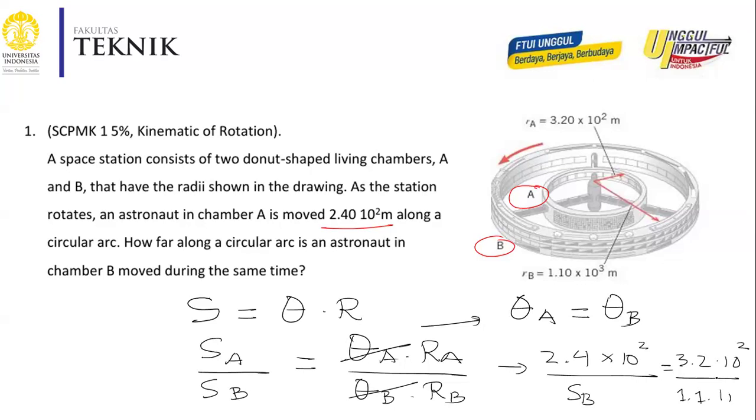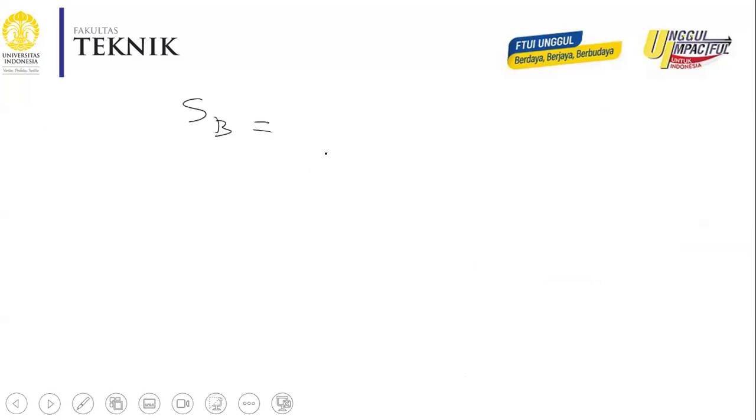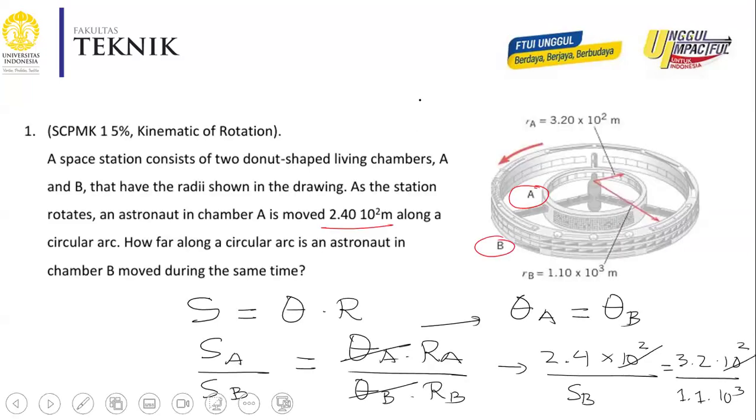So we can calculate the distance of B, because this one is the same. SB here is equal to 1.1 times 10 power 3, times 2.4 and then divided by 3.2.